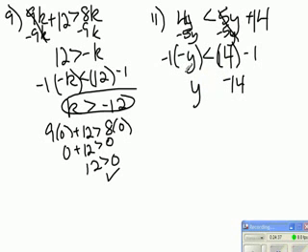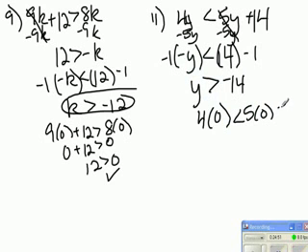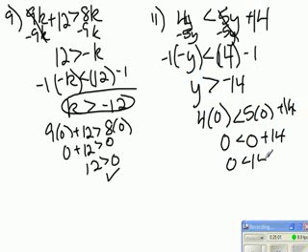And if you multiply by a negative, every time you have to flip the sign. So y is greater than negative 14. So again, I need a number bigger than negative 14. I'm going to choose 0 because it makes everything simple. So 4 times 0 is less than 5 times 0 plus 14. Again, plugging those into the original statement. That's 0 is less than 0 plus 14. 0 is less than 14. That is true, which means my answer works.